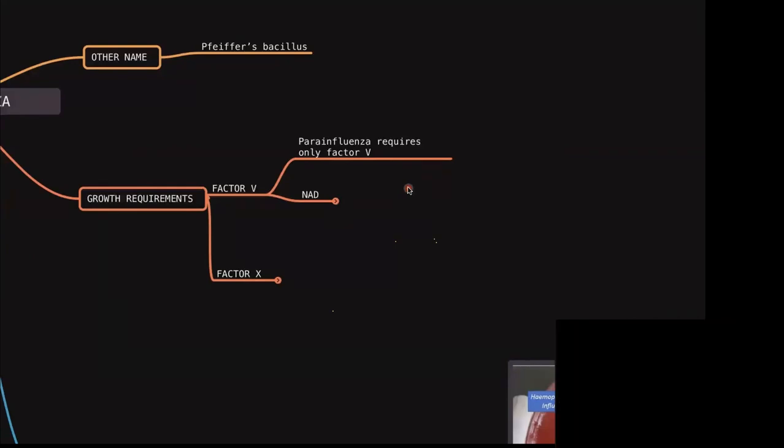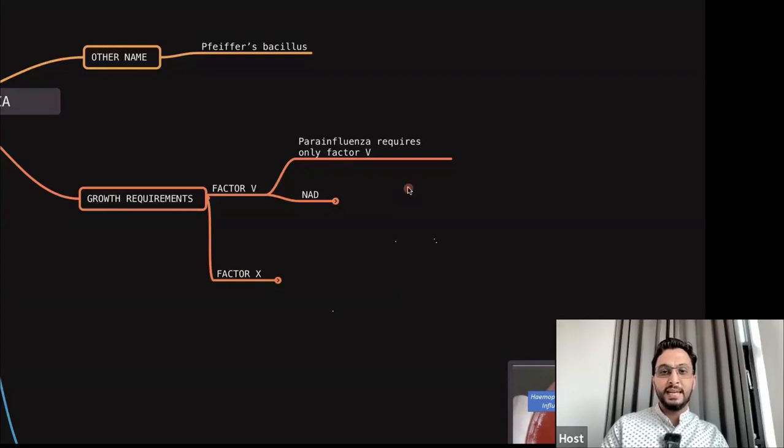NAD is nicotinamide adenine dinucleotide, or you'll be more familiar with NADH, from which you get ATP. You may get a question on how many ATPs are produced from NADH. The same NAD is also known as factor V. This NAD is derived from a vitamin called niacin, vitamin B3.